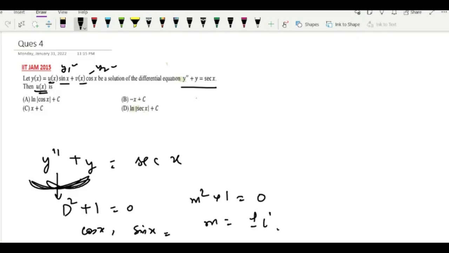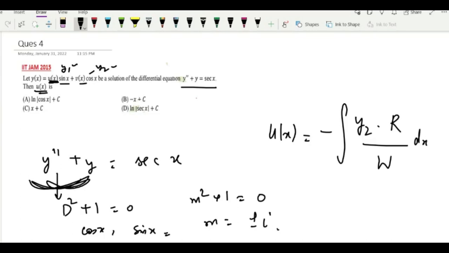So this is a very simple question. We know the value of u(x) will be given by the one with y1, so it will be equal to minus integration of y2 into r upon Wronskian dx plus c1. They have only asked about the first part, u(x) only.